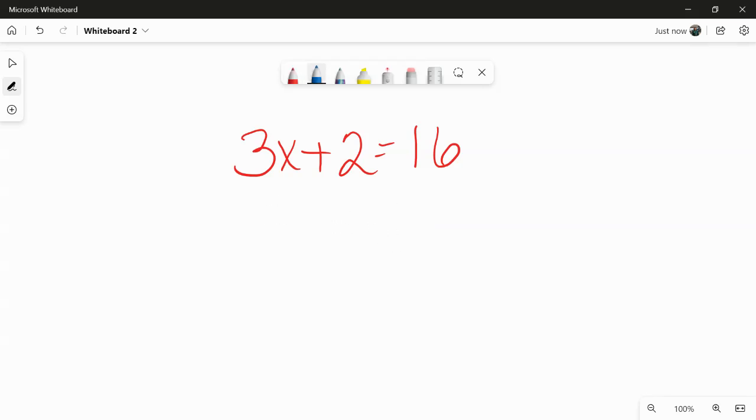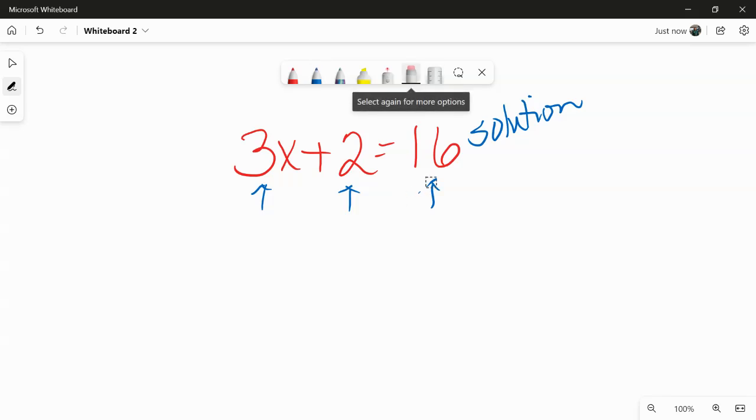So each one of these is a term inside of the equation. This is the solution side, and we always want to put the equation on the left, even if we have to turn it around, because it makes it so much easier to solve.